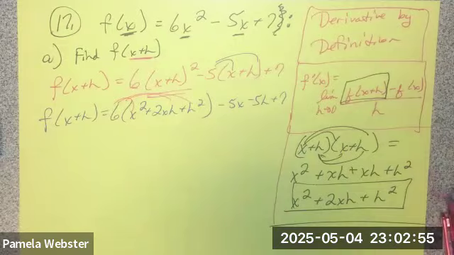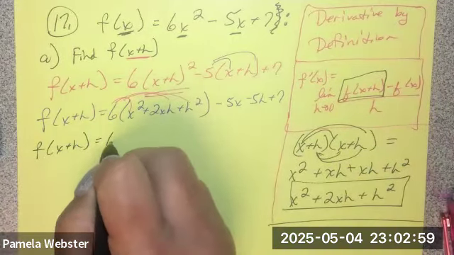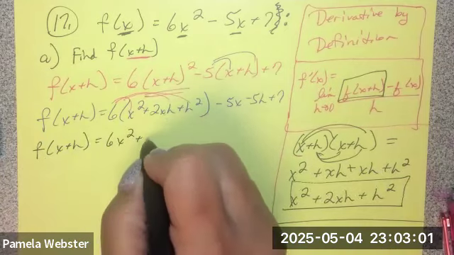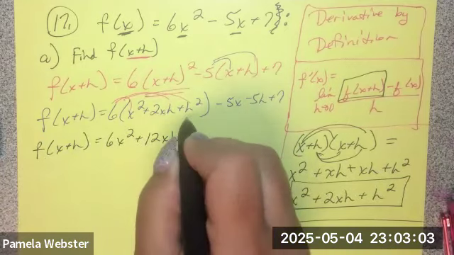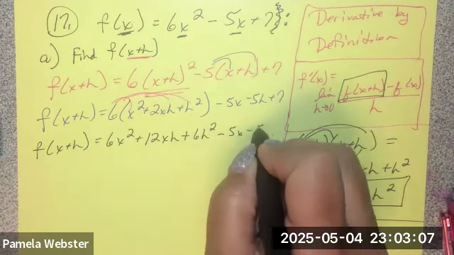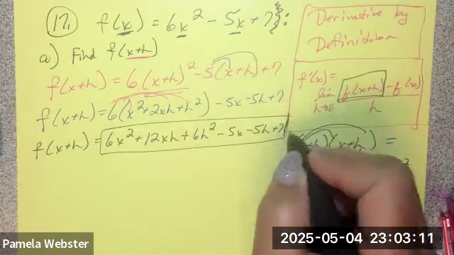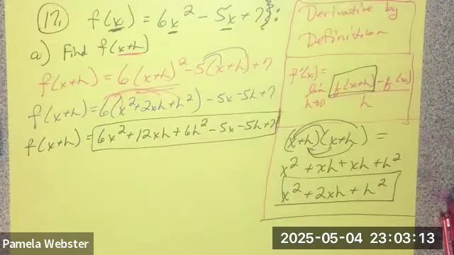So be careful as you do that. f of x plus h equals 6x squared plus 12xh plus 6h squared minus 5x minus 5h plus 7. And there aren't any like terms in there, so that is your first step. Okay. Whew. Step A.